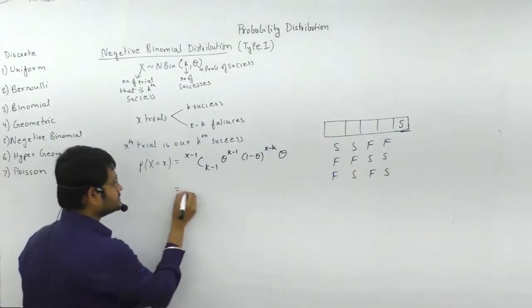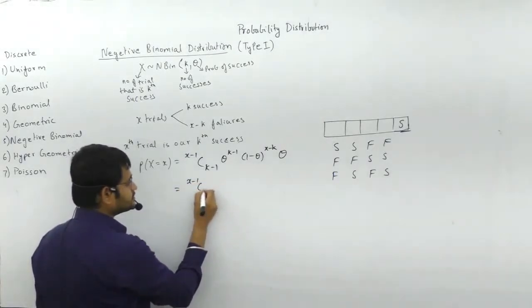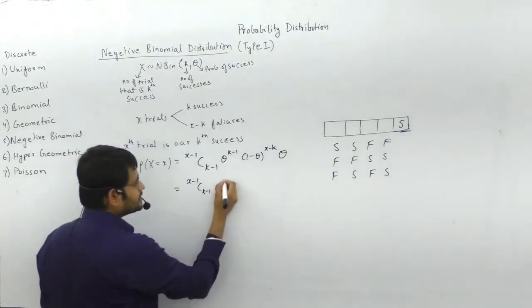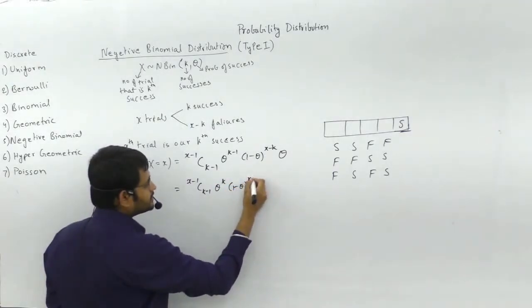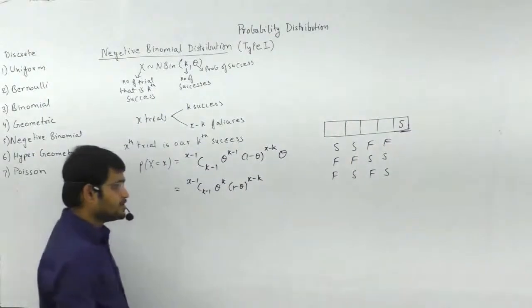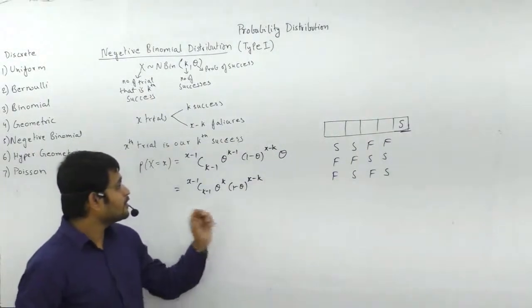Or you can write it as x minus 1 C k minus 1, theta raised to k, 1 minus theta raised to x minus k.